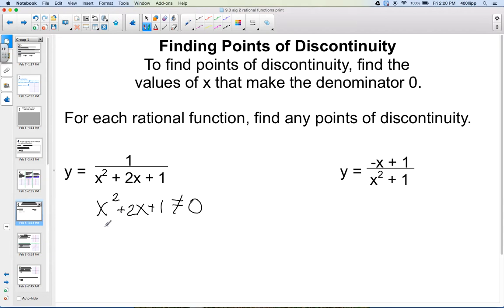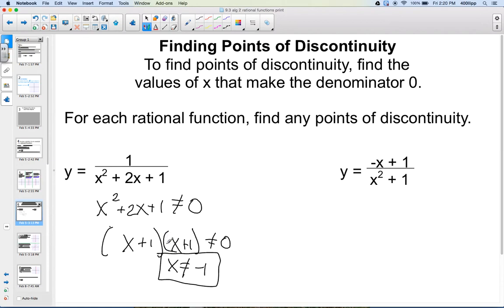So then we'll factor this and say, okay, what multiplies to 1 and adds up to 2? That's going to be x plus 1 times x plus 1, and that cannot equal 0. Since they're the same binomial, we can just solve for one of them, so therefore x cannot equal -1, and that is our point of discontinuity.